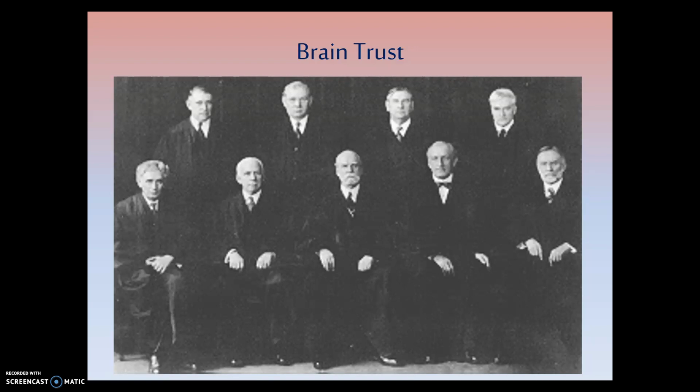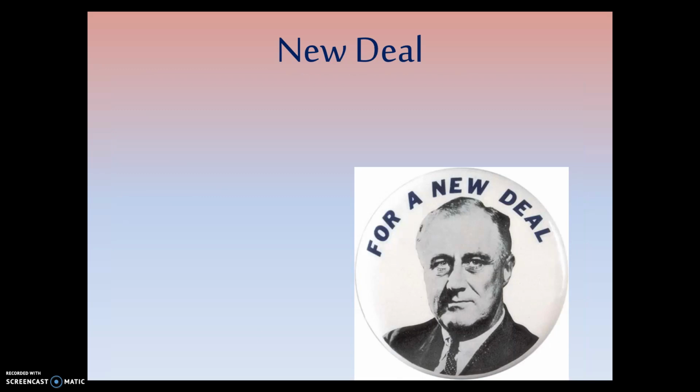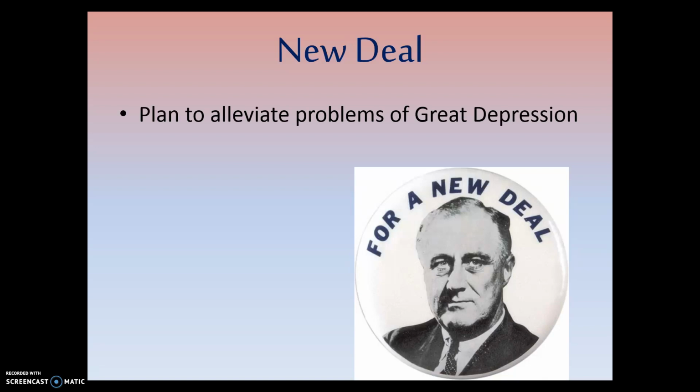And this will be a team made up of people from different professions: professors, lawyers, financial advisors, journalists, bankers, and together he plans on using this team to help him create a plan of action to address all of the problems within the Great Depression. They will create the plan he will implement that we all refer to as the New Deal. So the New Deal is Roosevelt's plan to alleviate the problems of the Great Depression.